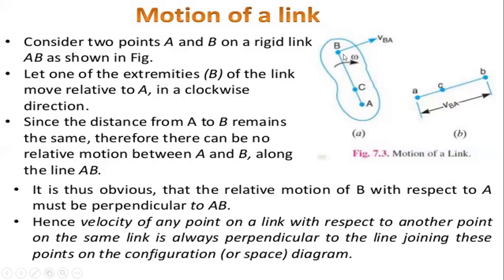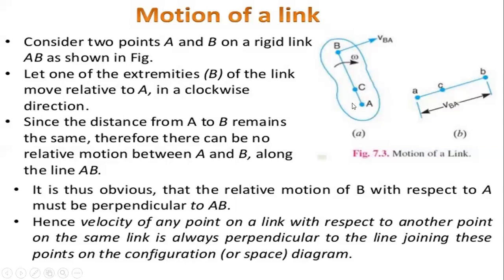This is the direction of the link, and this is the perpendicular direction in which B moves. Hence, the velocity of a point on a link with respect to another point on the same link is always perpendicular to the line joining these points in the configuration.